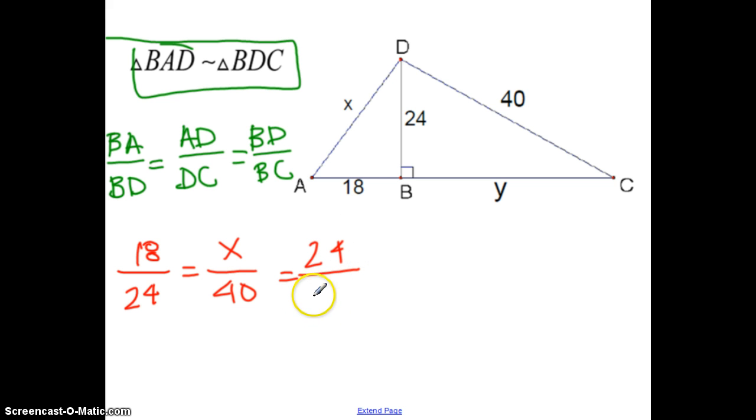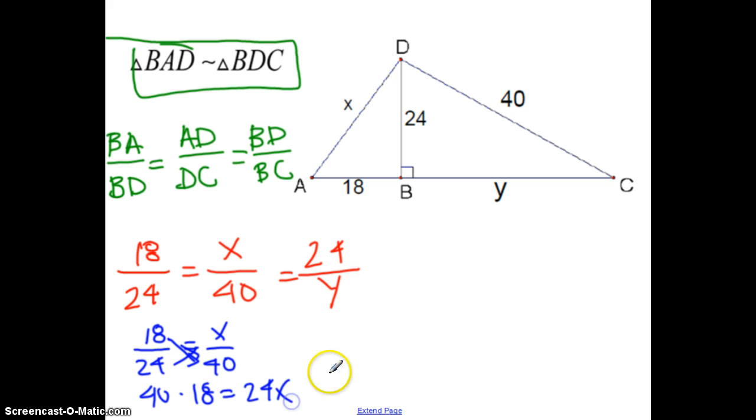And BC is Y. I'm going to need to use this ratio, or my scale factor, for finding both X and Y. If I solve for my X first, I get 18 over 24 is equal to X over 40. I need to cross multiply, which gives me 40 times 18 equals 24X. When you solve for X, you should get X equals 30.